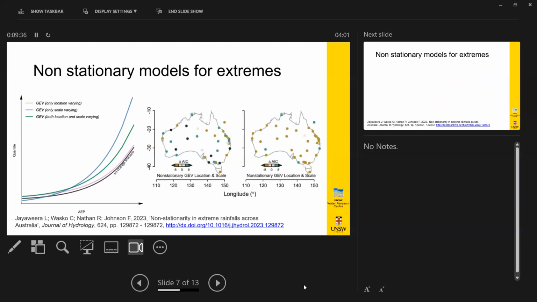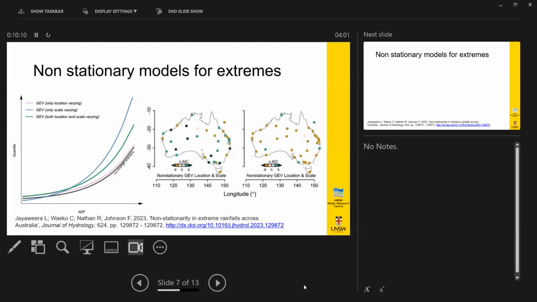What Leilani showed was that when we look at a non-stationary GEV model compared to a stationary GEV model, at very short durations, and so this is 6-minute rainfalls, and then we've got daily rainfalls over here, the non-stationary model is preferred, with improved AIC at most locations for short durations, but not so much at the longer durations, where the simpler model structure is preferred by the AIC.